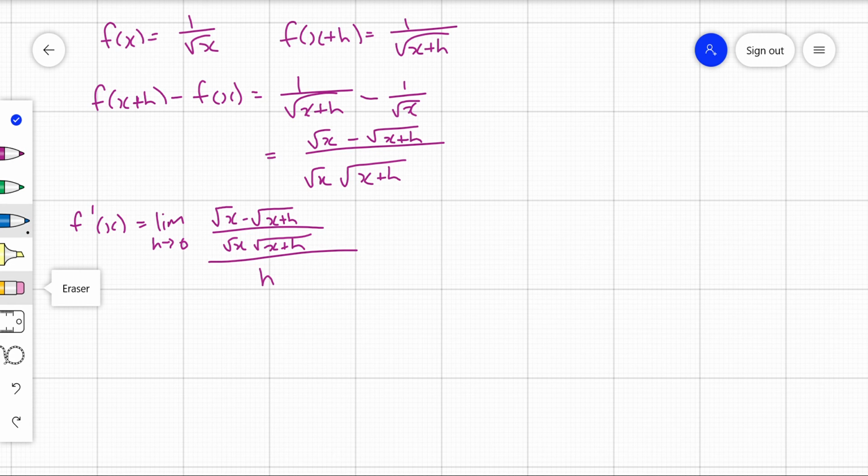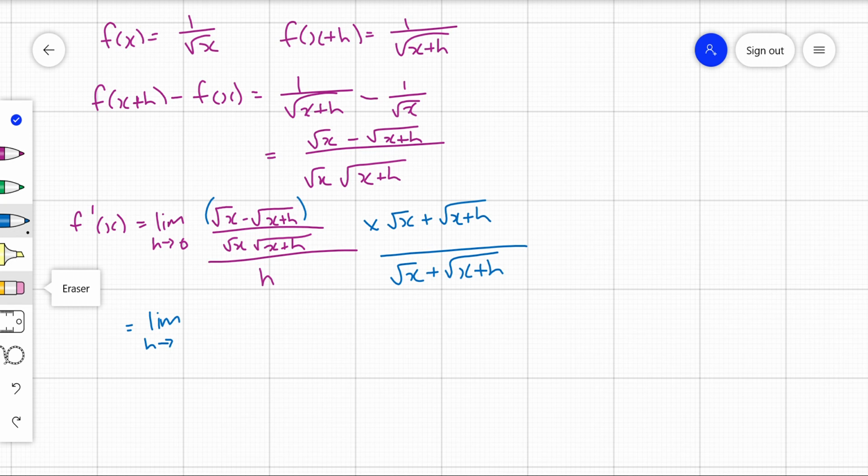Okay, and so what I might do so that that top is nice is rationalize this bit on top. So I'm going to times by root x plus root x plus h, and I'm going to do that on the bottom as well, because I'm timesing by 1. I'm not changing the way it looks, not changing its value.